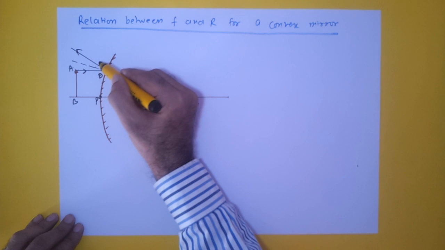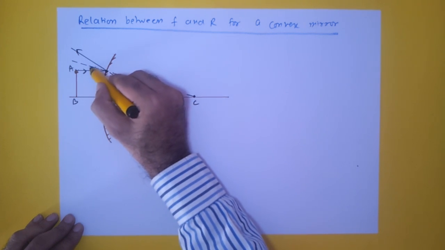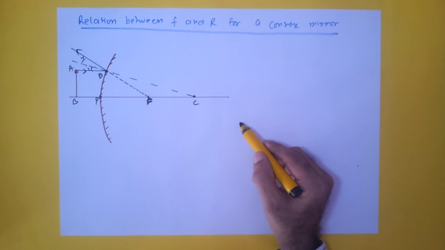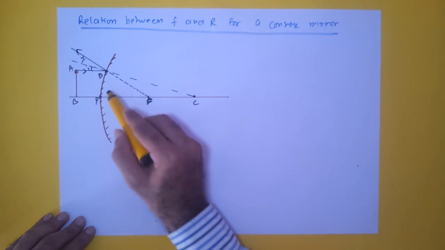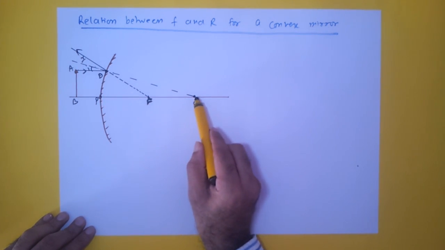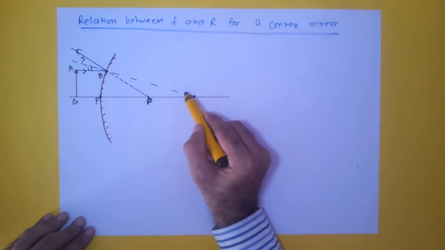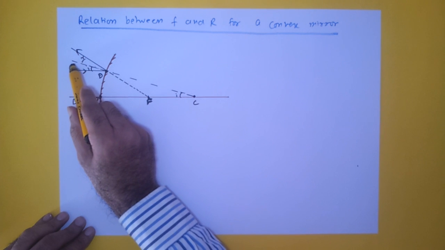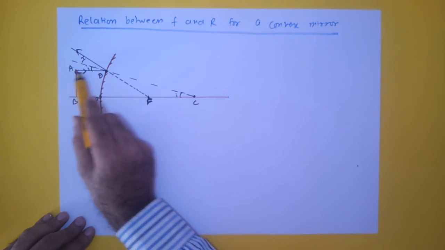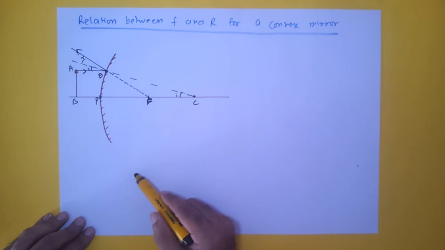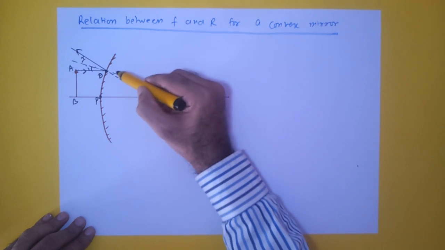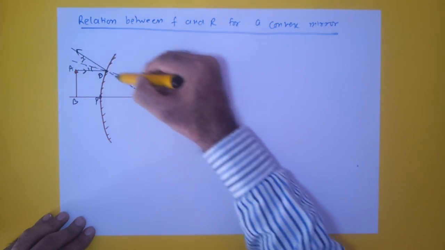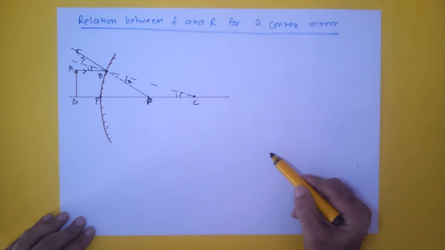So if this is the incident ray, this becomes angle of incidence, and this becomes angle of reflection. This line is passing from C, and this is I. So this angle also becomes I, because we have a common line and these two lines AD and BC are parallel to each other. This angle will be equal to R, because they are vertically opposite angles.